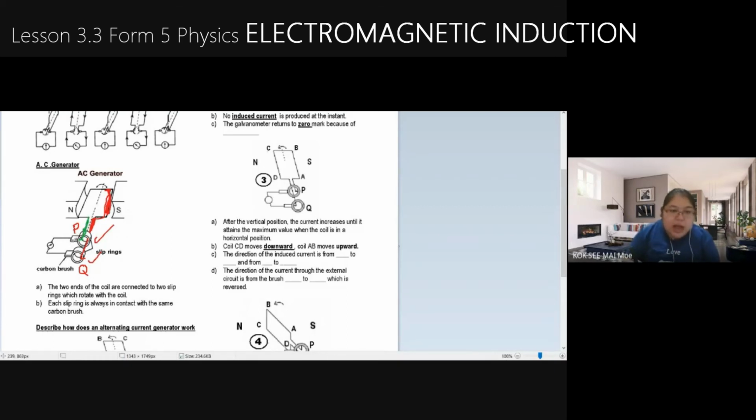So now I want you to imagine this one is 0 degree. When I turn 180, what do you think? This green color will go to this side. Agree or not? It goes to the right hand side. The red color will go to the left hand side. Agree or not?